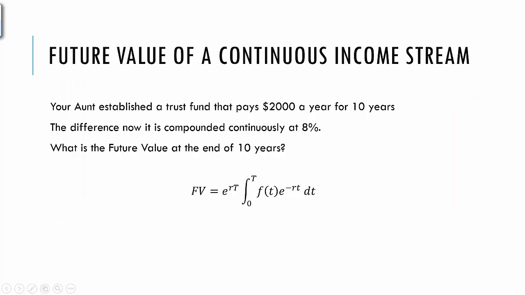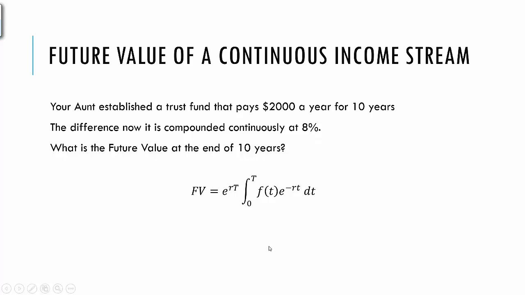So your aunt, so nicely again, $2,000 a year for 10 years. The difference now is she puts it in an account that pays continuous compound interest at 8%, and we want to see what the future value is at the end of 10 years.